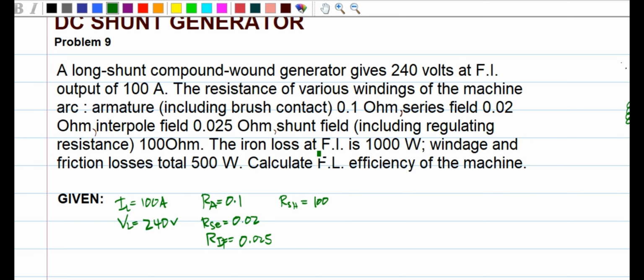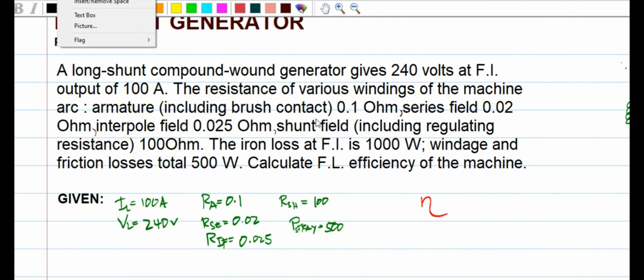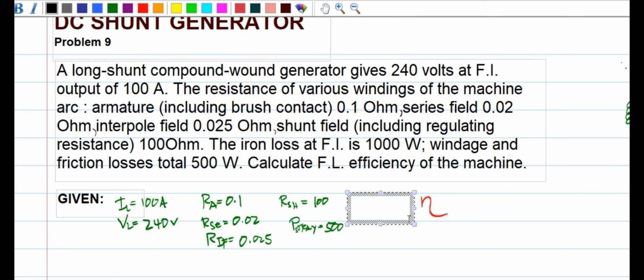The iron losses or the P stray is equal to 1500 watts. Calculate the full load efficiency of the machine. What is missing is the efficiency, the overall efficiency, that is required.